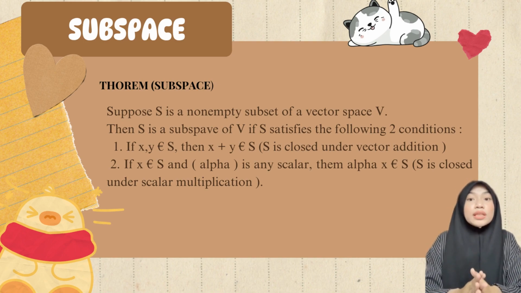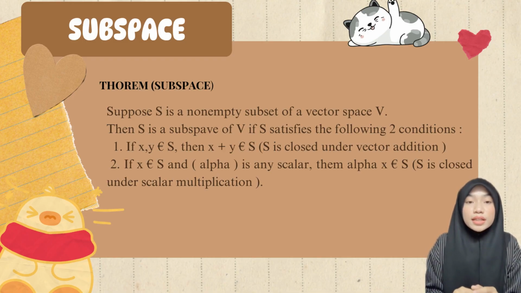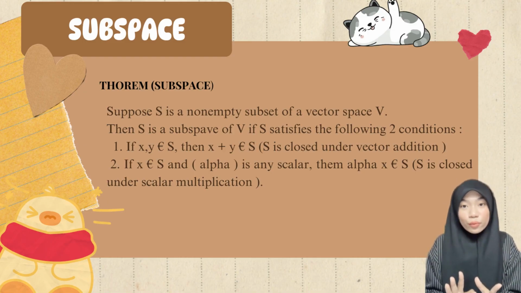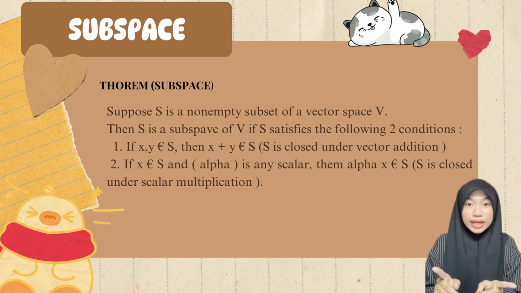This means if we take any two arbitrary vectors, let's call them vector x and y, inside our set, when we add them together in bracket x plus y, the result must still remain inside the exact same set. It cannot escape outside of our room.